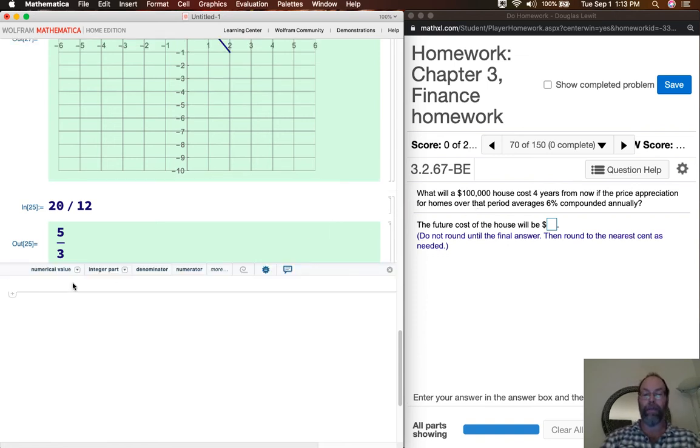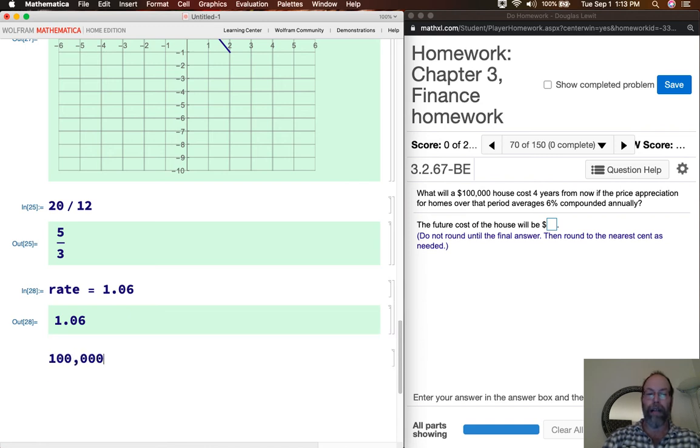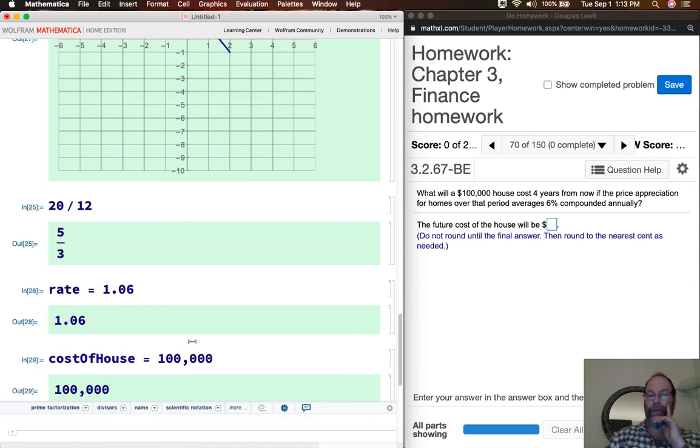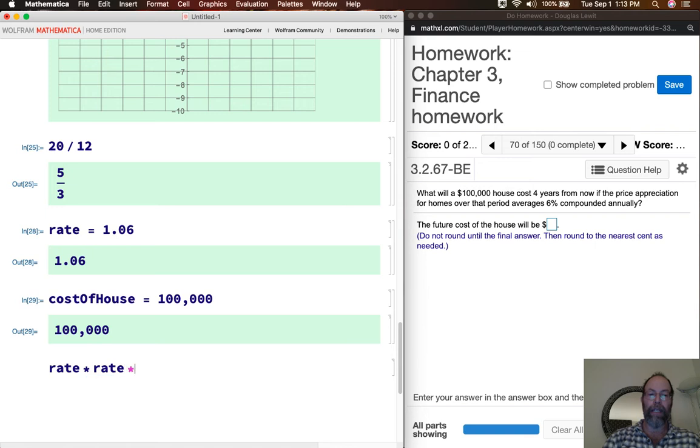Okay, so my price appreciation rate is 1.06. Shift Enter. So I have $100,000, which is the cost of the house, and I'm going to multiply that by the rate 4 times: rate times rate times rate times rate times the cost of the house.